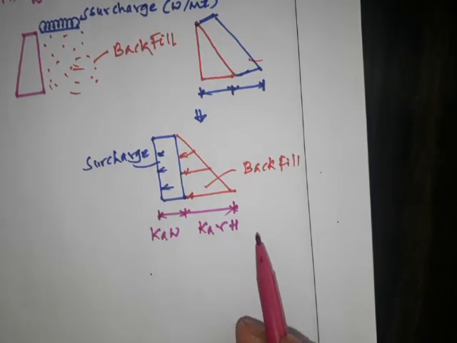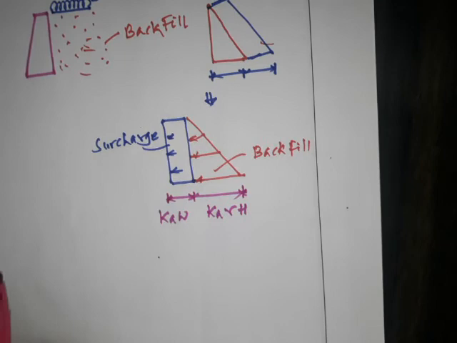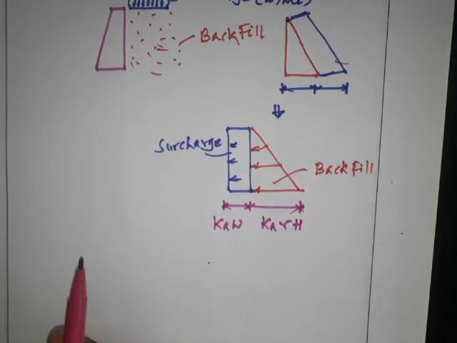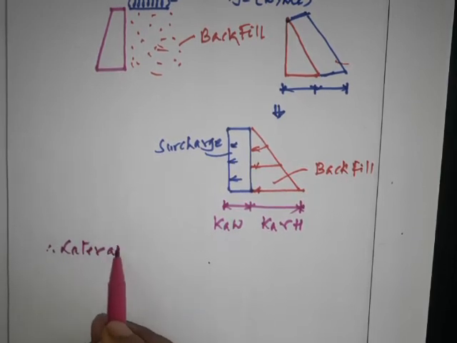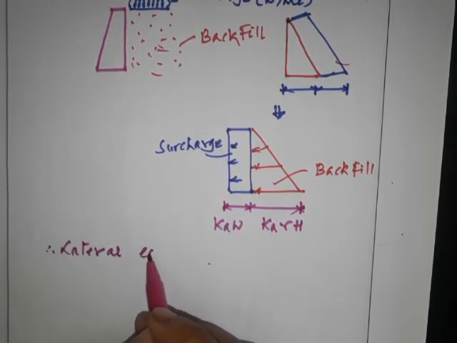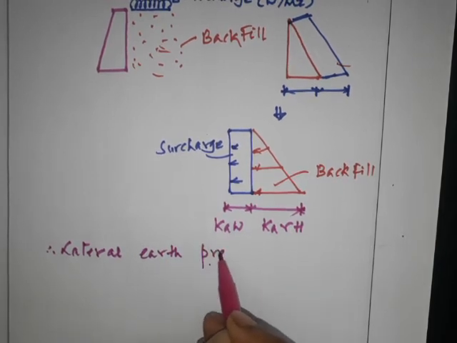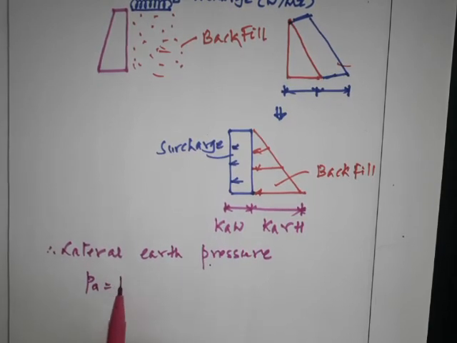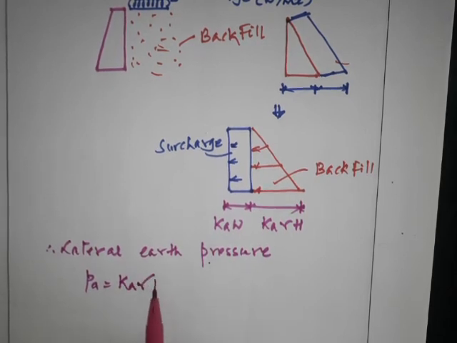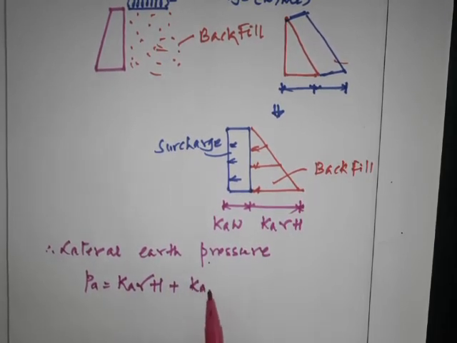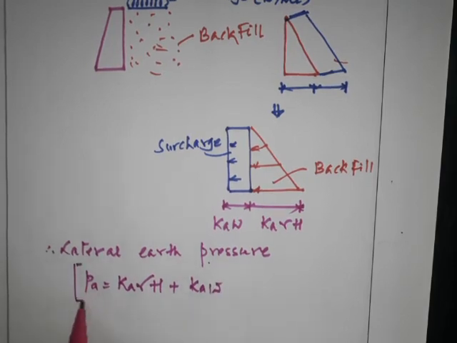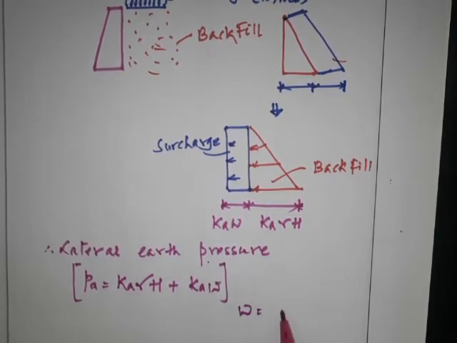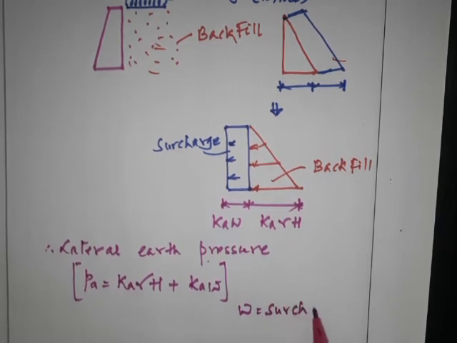And if I write the mathematical form, the lateral earth pressure will be PA is K into gamma into H plus K into W, where W is because of surcharge.